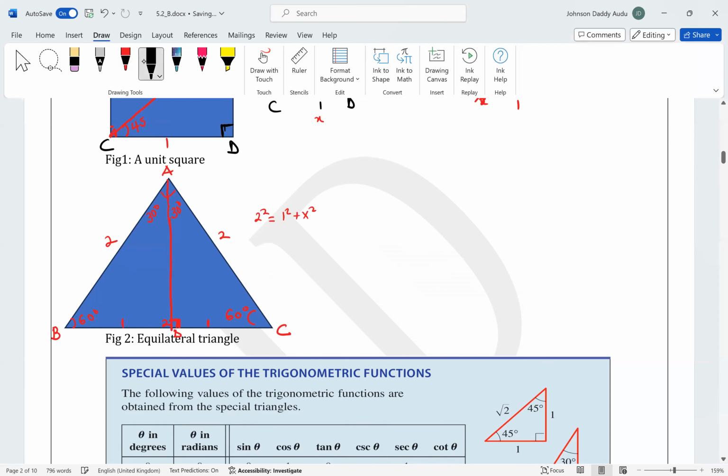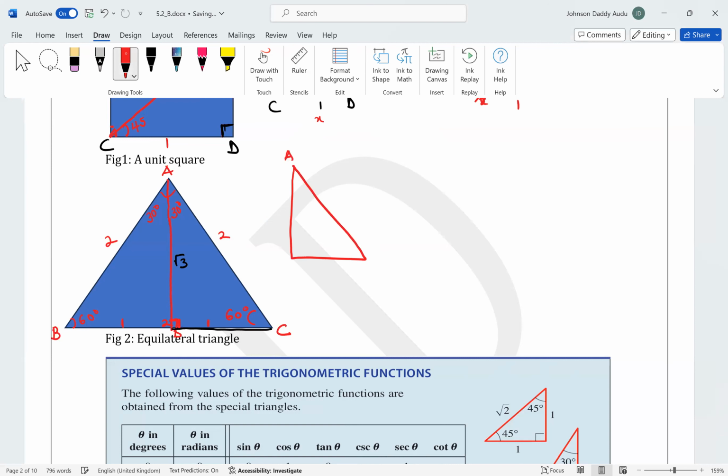So this is going to be square root of 3, just by using Pythagoras theorem. Don't forget that this length here is 1 unit, and the length here is 2 units. So with this, let's bring just one triangle out on the side.